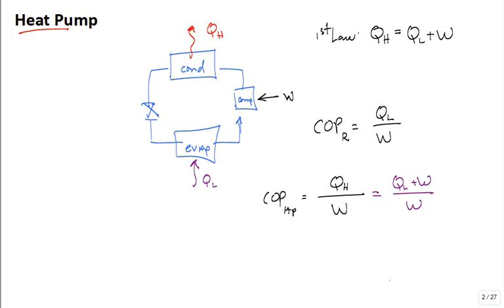And then you get that very startling result, 1 plus Q sub L over W, and you say Q sub L over W, isn't that? Yes, it is. So the coefficient of performance for a heat pump is equal to 1 plus the coefficient of performance for a refrigeration system operating at the same temperatures, same systems. It's just the perspective. What do you want?